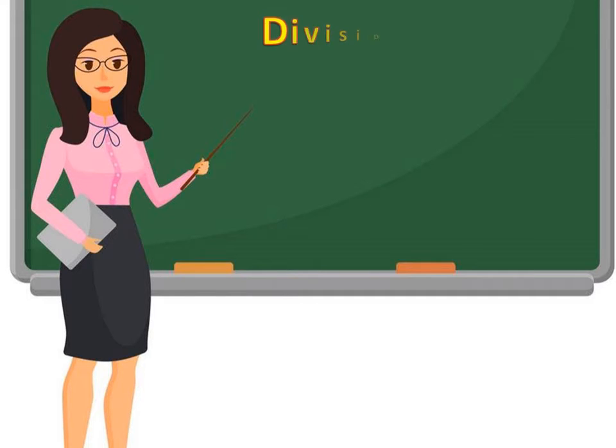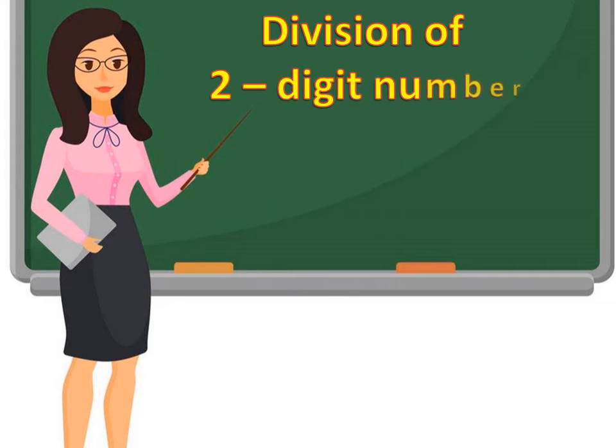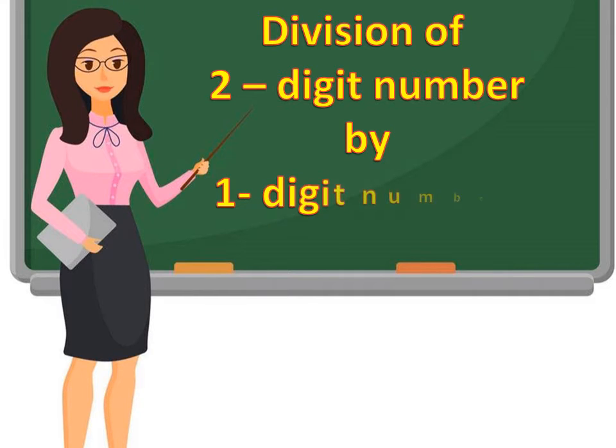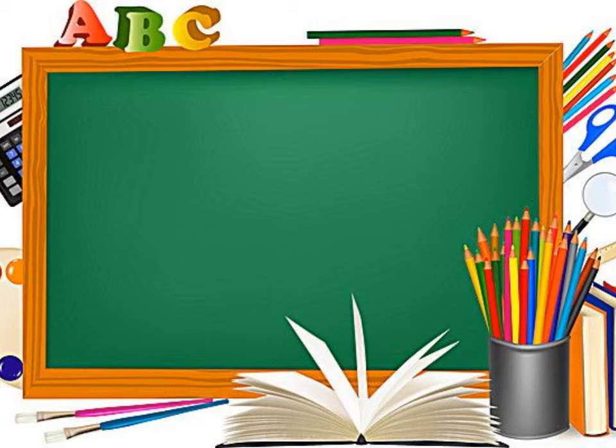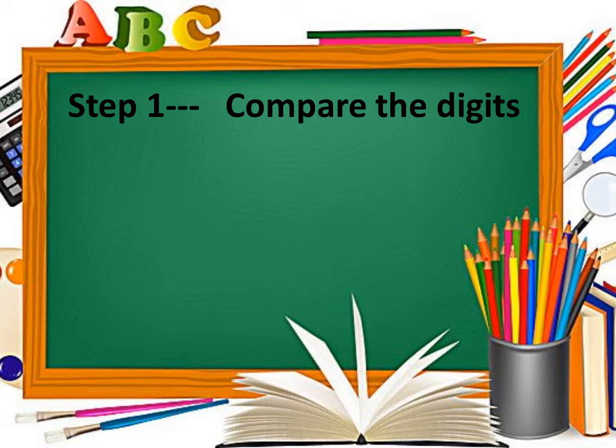Division of a 2-digit number by a 1-digit number. There are 5 steps to simple division. Let us see these steps while finding the quotient for 56 divided by 2. Step 1. Compare the digits.